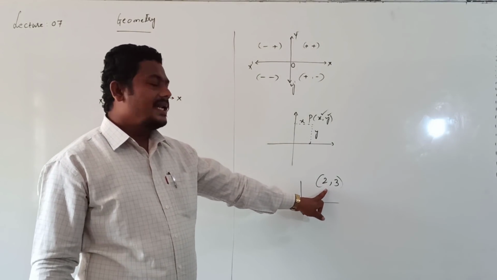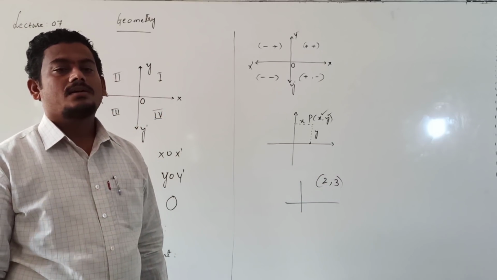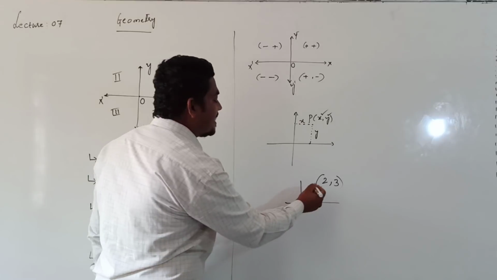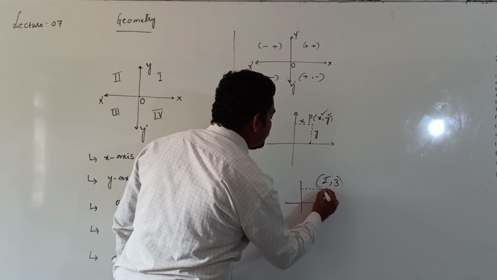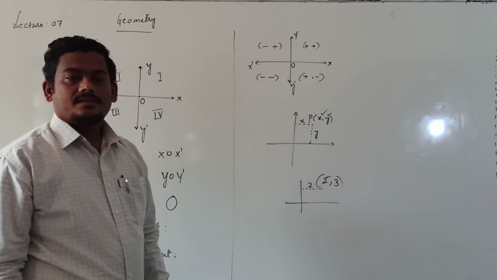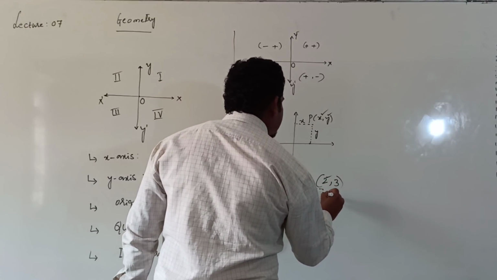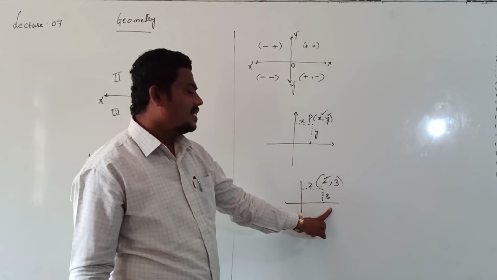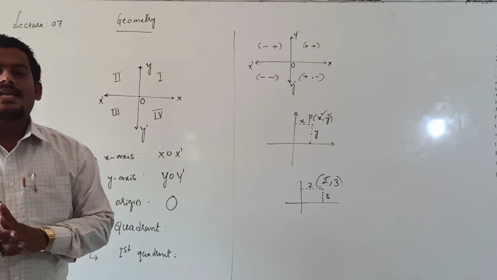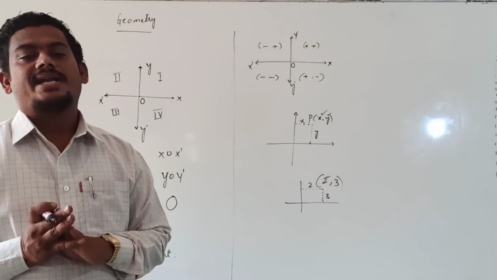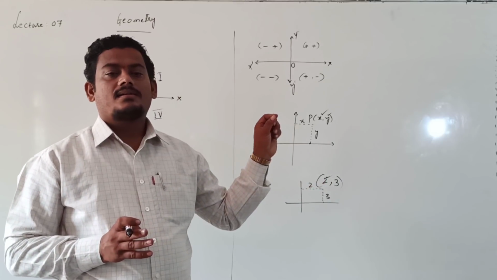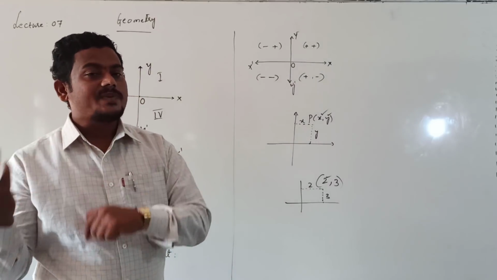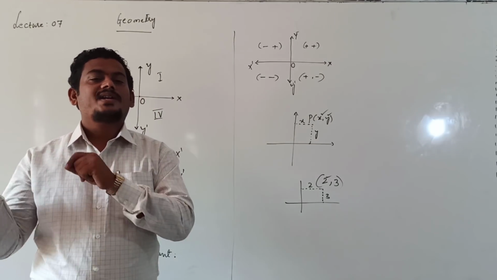This point is at a distance of 2 units from the y-axis, since the x coordinate is the distance from the y-axis. The vertical distance is the y coordinate, so 2, 3 means the point is 3 units from the x-axis and 2 units from the y-axis. In general, the x coordinate is the distance of the point from the y-axis, and the y coordinate is the distance of the point from the x-axis.